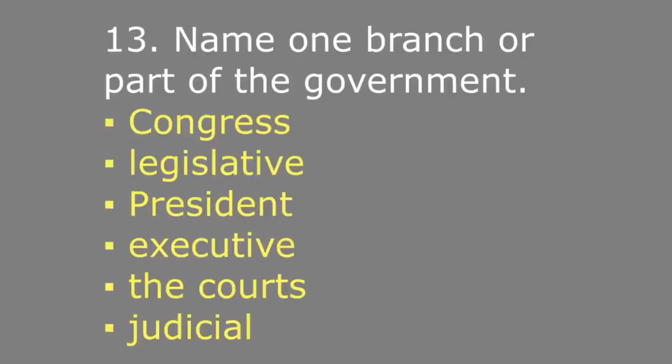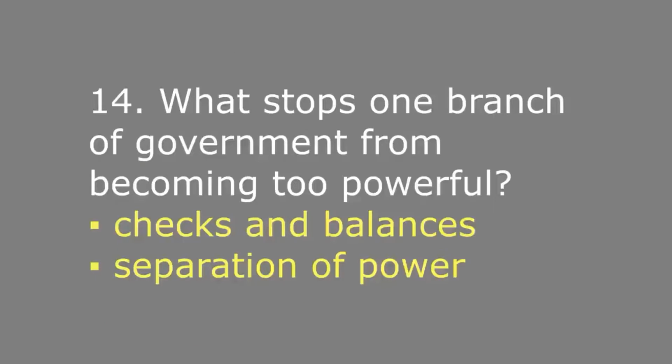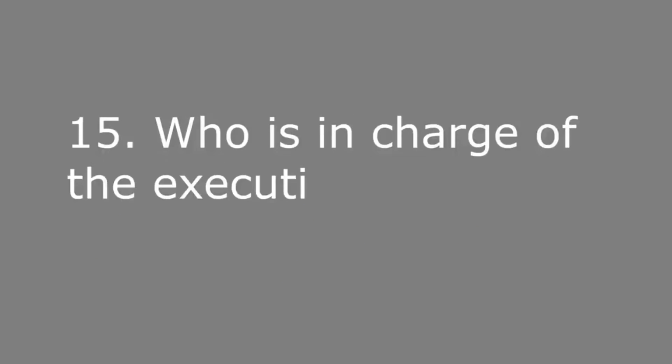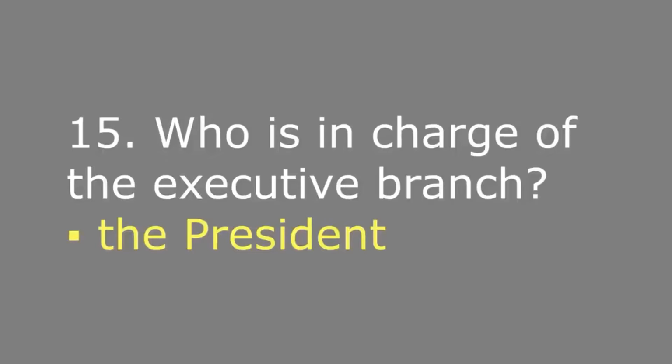Name one branch or part of the government. Congress, legislative, president, executive, the courts, judicial. What stops one branch of government from becoming too powerful? Checks and balances. Separation of powers. Who is in charge of the executive branch?